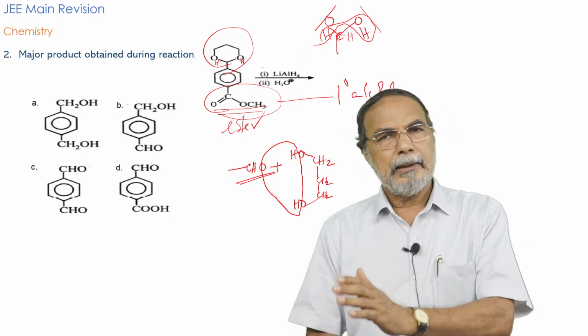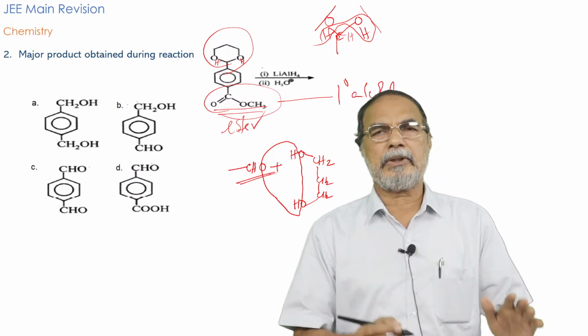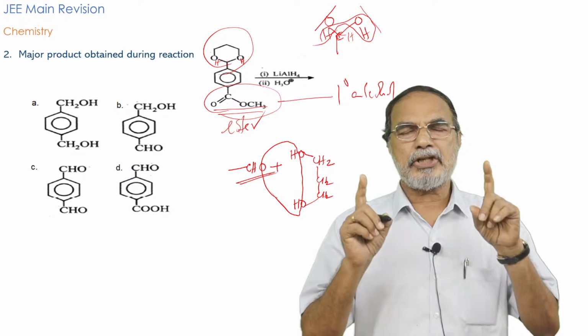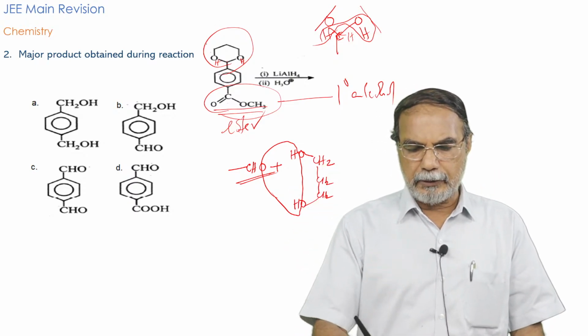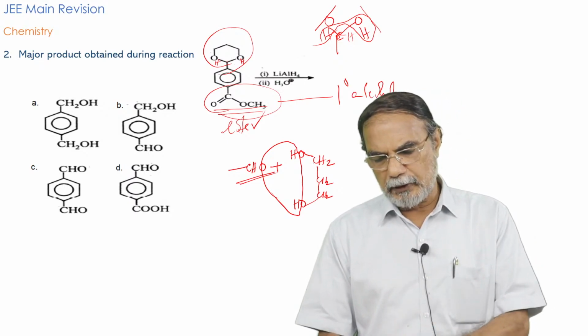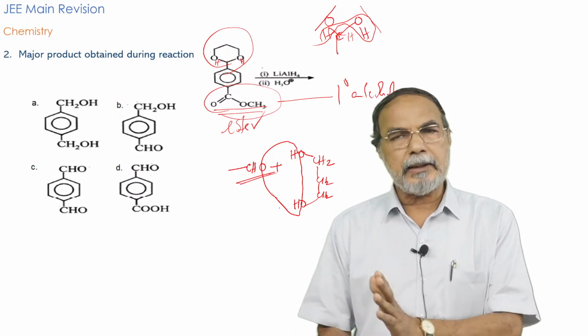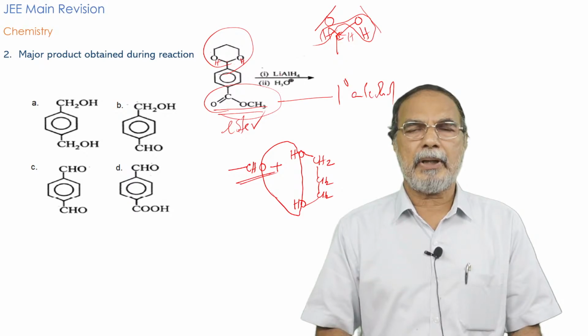Remember that lithium aluminum hydride will reduce ester to primary alcohol. That is something that you have to keep in your mind. Ester is reduced to primary alcohol, and this part of the molecule, which I told you was generated by this sort of reaction, is getting converted back into the aldehyde group on reduction with lithium aluminum hydride.